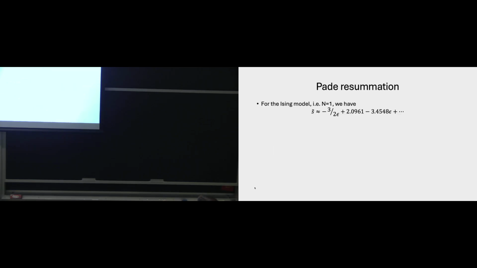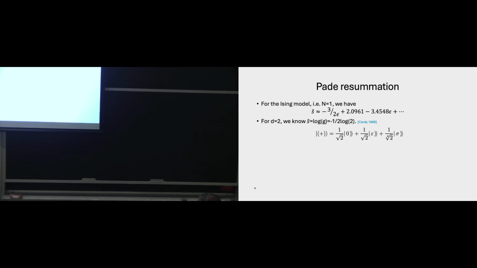But let's focus on the n equals 1 case. This is the S-tilde function for n equals 1. And in d equals 2, S-tilde is known exactly as minus 1/2 times log 2, because the normal transition corresponds to these Cardy states, which fix the boundary spin.